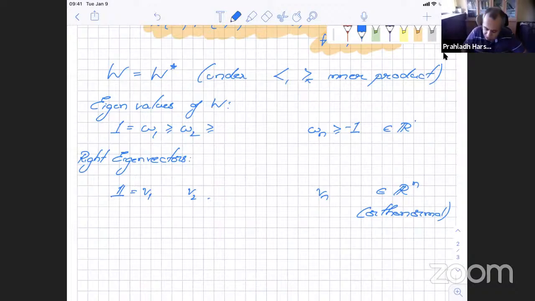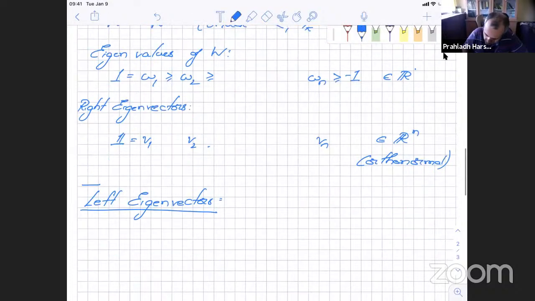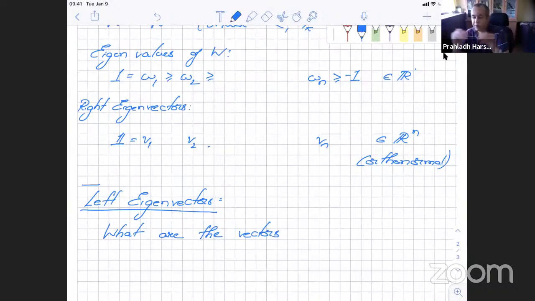What we wanted to do is understand the left eigenvectors. That is, we wanted to ask what the vectors are. Notice that left eigenvalues and right eigenvalues make no distinction; they will be the same set of eigenvalues.